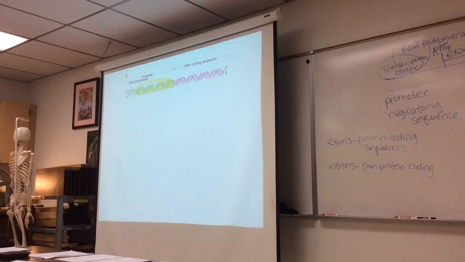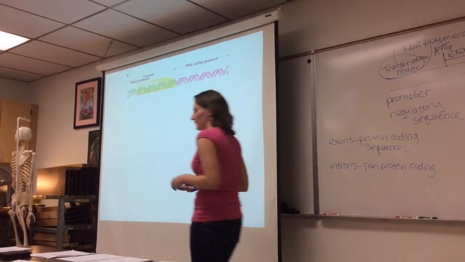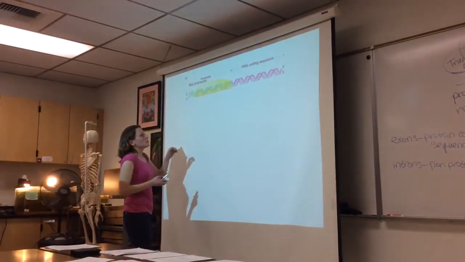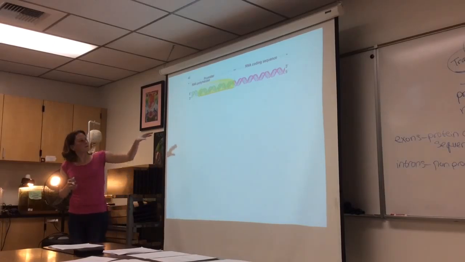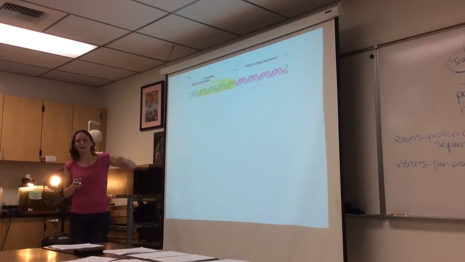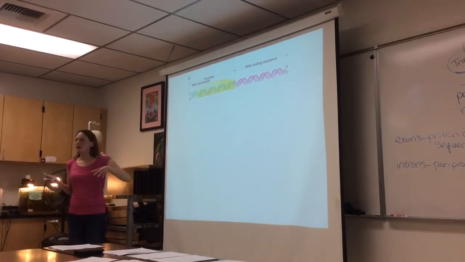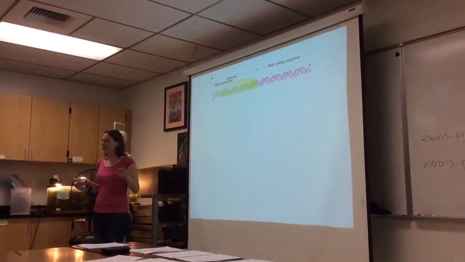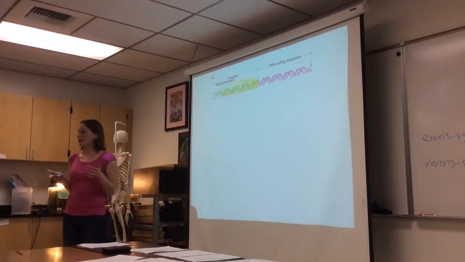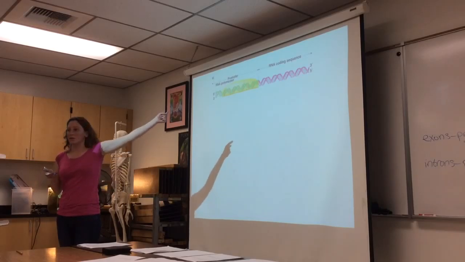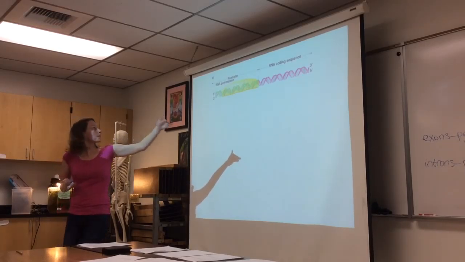Because this is a fairly dynamic process, just to show you again in a little more detail: DNA is double-stranded, but we have to access the bases, so you have to open it up to access the bases.